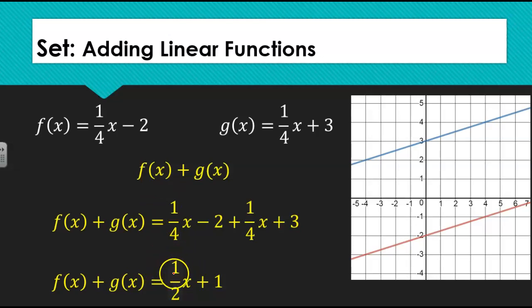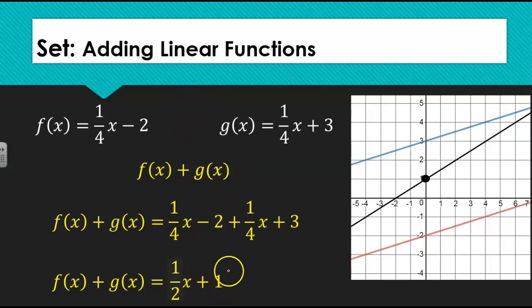If we simplify that 2/4 to 1/2, we notice that this slope is not the same as the slope from our initial functions before we added them. Because the slope is different, we know that the sum of the original functions is not going to be parallel to the initial functions.